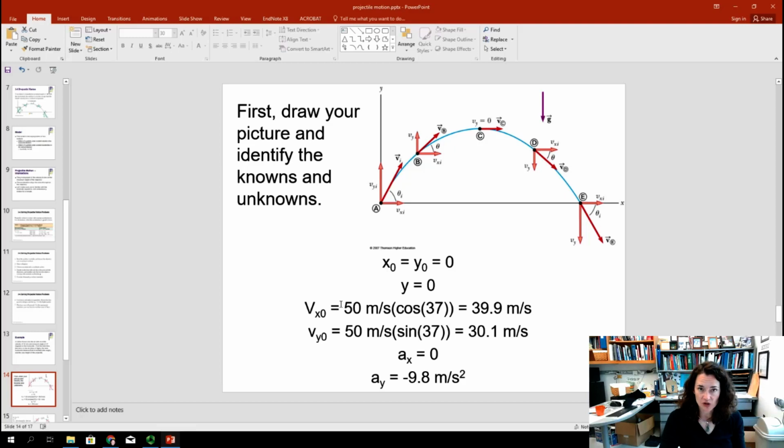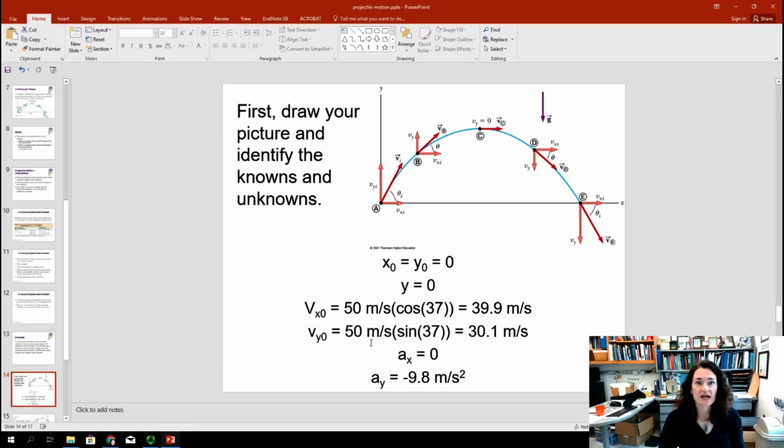So my x component of my initial velocity is going to be 50 meters per second times the cosine of 37 degrees. When I solve for that, I get my initial velocity in the x is 39.9 meters per second. My y component of my initial velocity will be the initial velocity magnitude times the sine of 37 degrees.